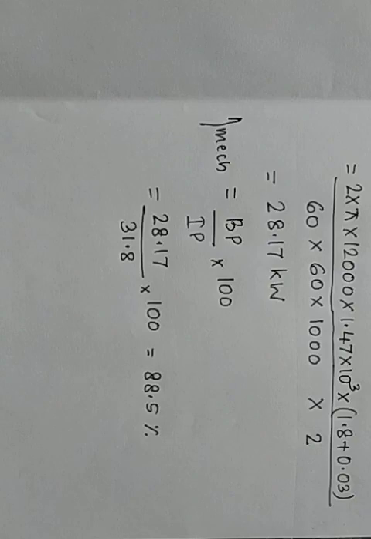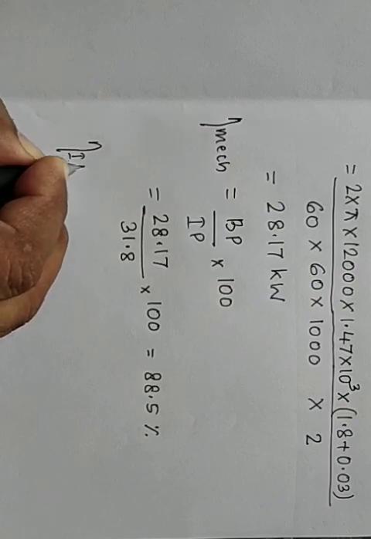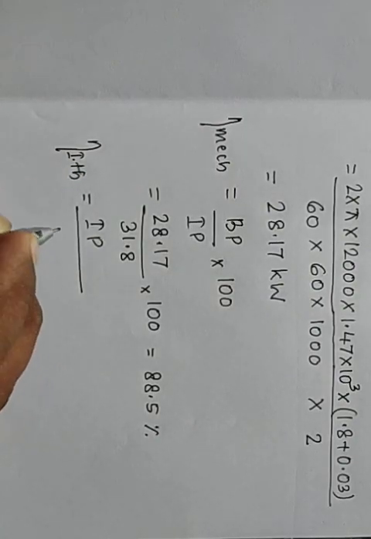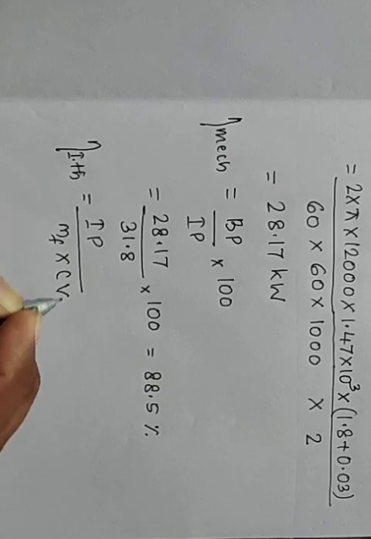Then find out indicated thermal efficiency. So to find out indicated thermal efficiency, IP divided by MF into CV.